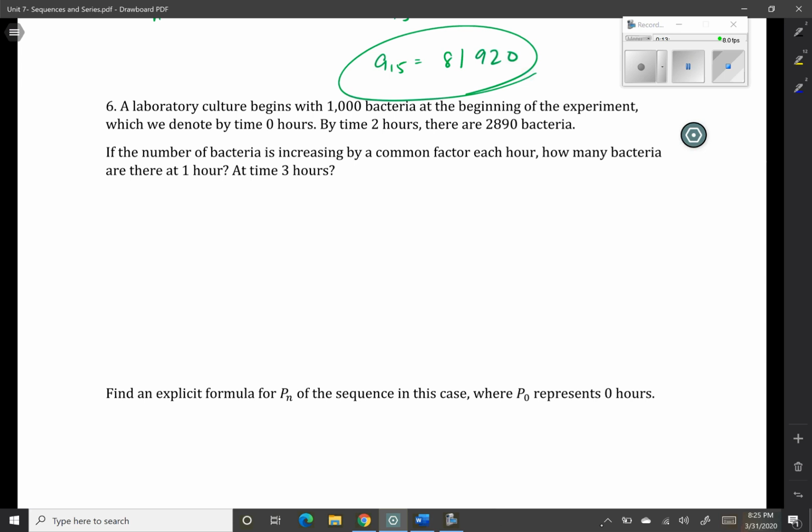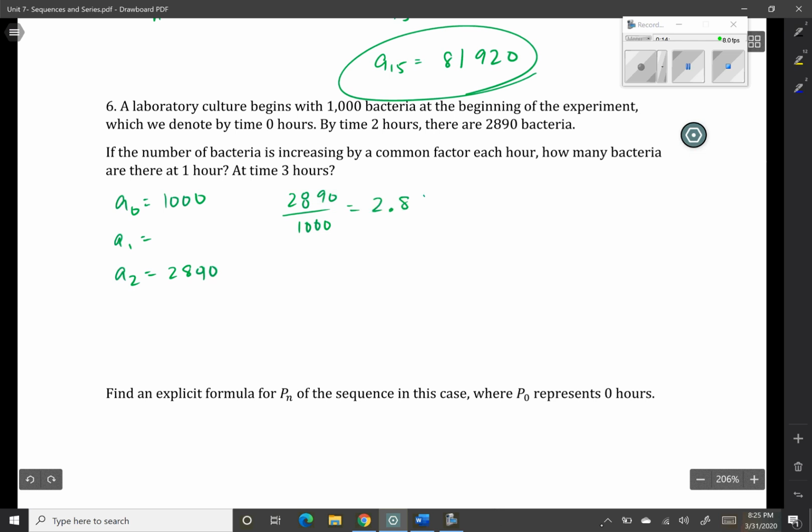So let's take a look at what we know. We know that the initial amount is 1,000. We don't know how much there is at 1 hour, but we do know how much there is at 2 hours. There's 2,890. So just like we did in exercise 5, I'm going to divide the bigger number by the smaller number here, and we're going to get 2.89.